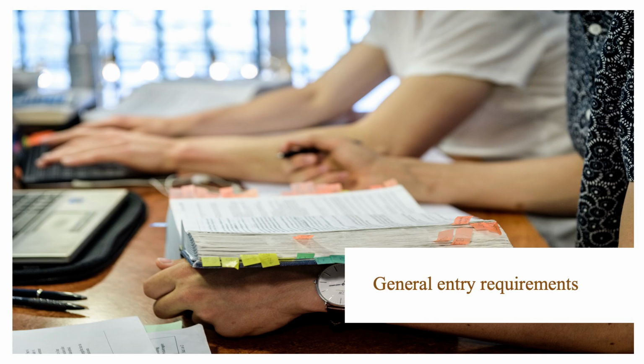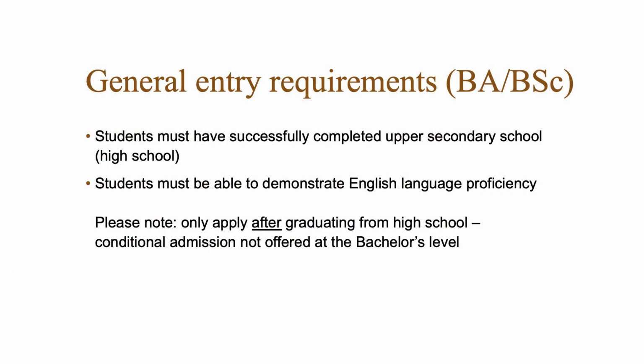First, let's take a look at the general entry requirements. Both bachelor's and master's degree programs have general entry requirements, which you need to be aware of when making your application. In order to meet the general entry requirements for a bachelor degree program, students must have successfully completed upper secondary school or high school and be able to demonstrate English language proficiency.